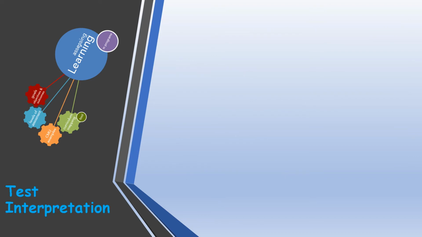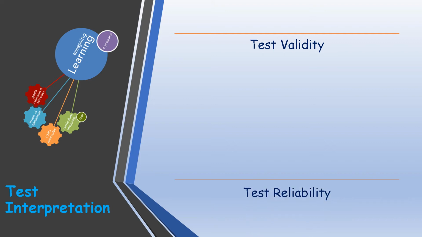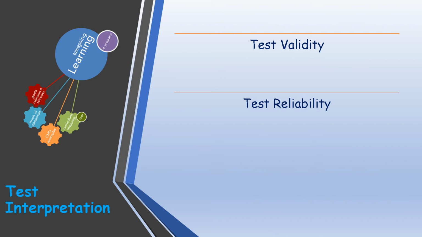Three important things should be remembered in interpreting test results. The first one is test validity. For a test to be valid, the test should measure what it is supposed to measure. Next, test reliability. For a test to be reliable, it should be consistent in measuring what it is intended to measure.